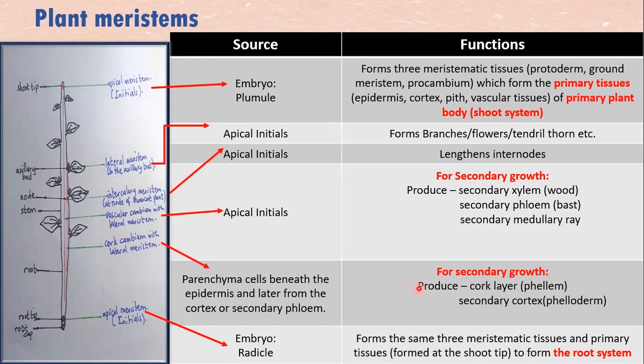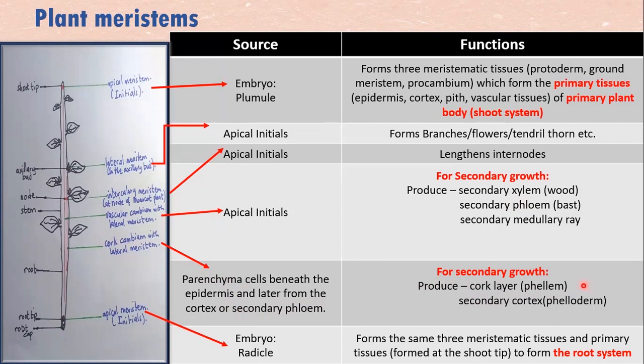And the cambial cells also produce secondary growth, producing the cork and secondary cortex. The detail of it is found in my lesson on plant growth, that is primary and secondary growth. So these are the meristems and their functions.